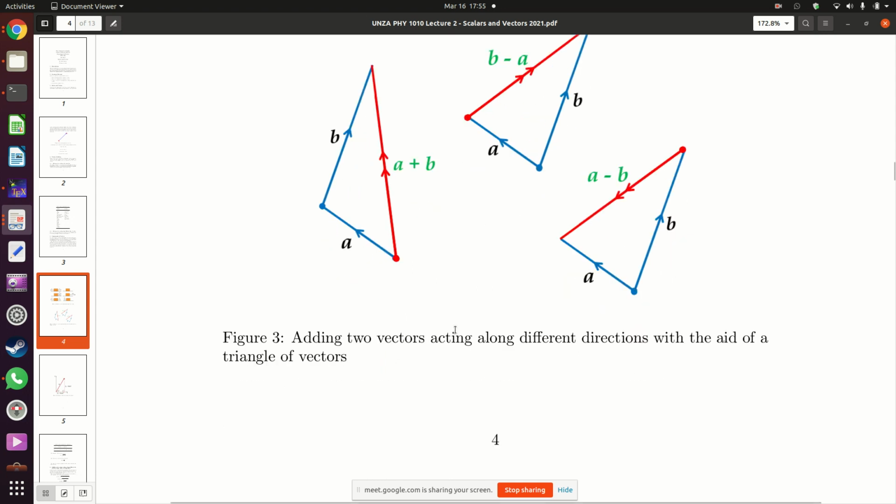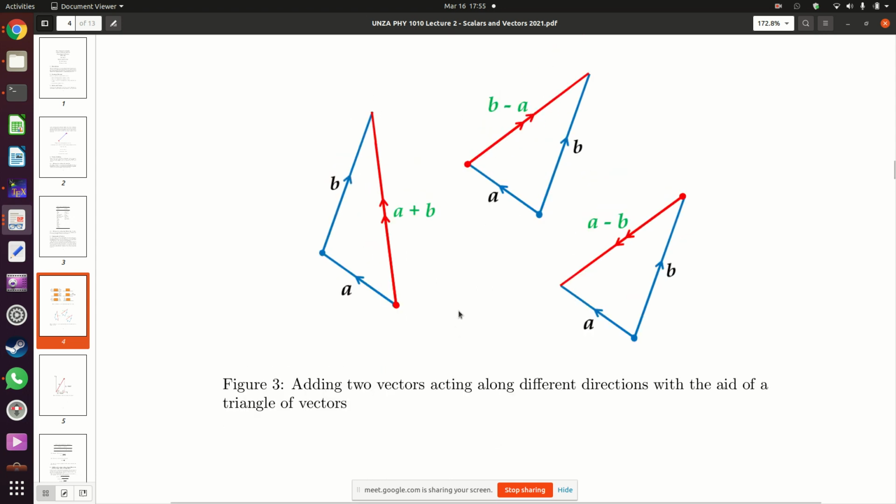Why don't we use Pythagoras theorem, for example, to answer these triangular vectors? Pythagoras only works when the angles are 90 degrees. You also have other forms of Pythagoras where the angles are not 90 degrees. You can use that, it might give you the size, but you also have to work out the directions.